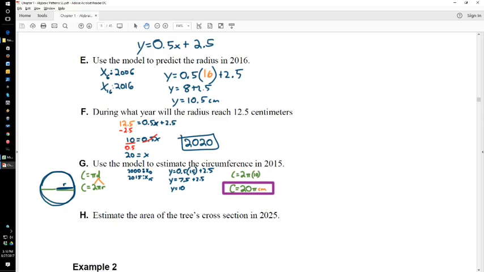We could multiply 20 times pi, so 3.14159. So that's going to be 20 times 3 is 60. It's going to be about 62 point something. But this way we leave it in terms of pi. This is actually a more accurate number than, well, let's just crank it real quick. 20 times pi is 62.83.